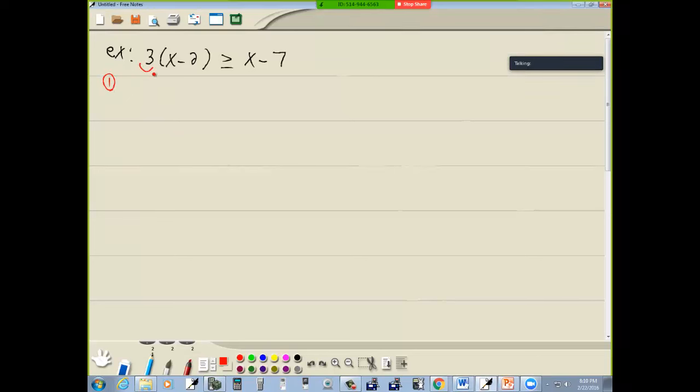Well, we're going to take the 3 and multiply times the x and times the negative 2. Same principle as when we're working linear equations. So 3 times x and 3 times negative 2. Well, 3 times x is 3x. 3 times negative 2 is negative 6.